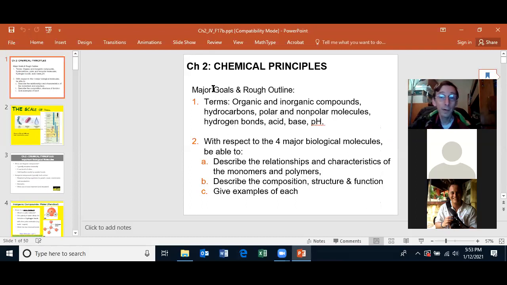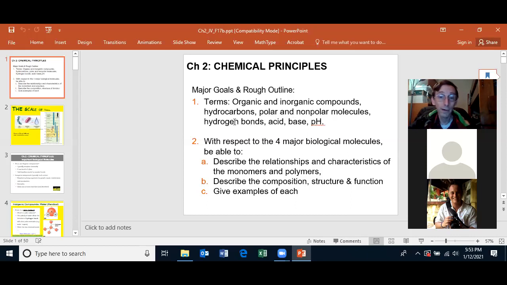Chapter 2, Chemical Principles. Please know the major goals, not the only goals, meaning not all of the goals. To see all of the goals, you should look at the objectives. And then a rough outline. Know the terms, know what is an organic chemical compound and what's an inorganic chemical compound.